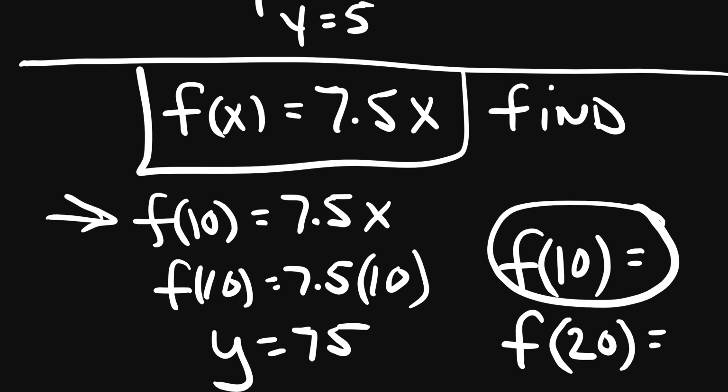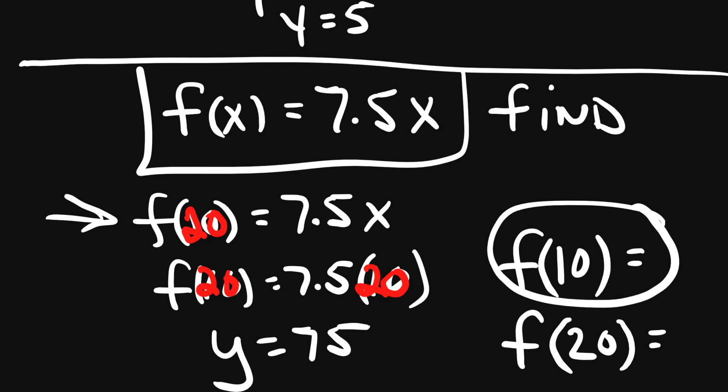So I'm going to take the same thing, and instead of having f of 10 here, I'll see if I can make that change. Let me change colors here a little bit. Make that f of 20. Okay, so what does that mean? I'm going to replace 20 for the x in the equation. So f of 20 equals 7.5 times 20.